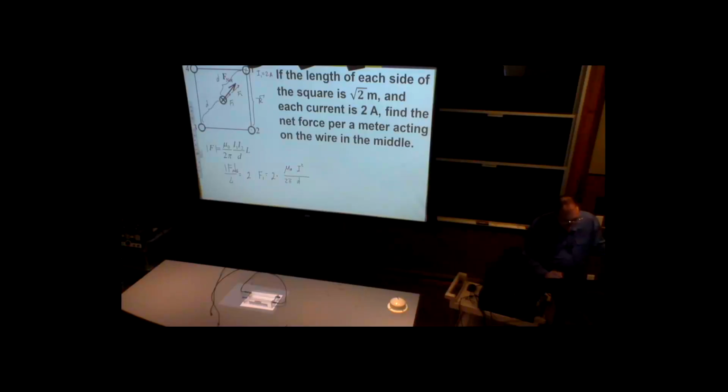So that's going to be a hypotenuse. 2d squared is supposed to be equal to square root of 2 squared plus square root of 2 squared. So 4d squared is equal to 2 plus 2. Hence, d equals 1 meter. What a coincidence. So net force per meter will be equal to 2 times 4 pi times 10 to the negative 7, times 2 squared, over 2 pi times 2.